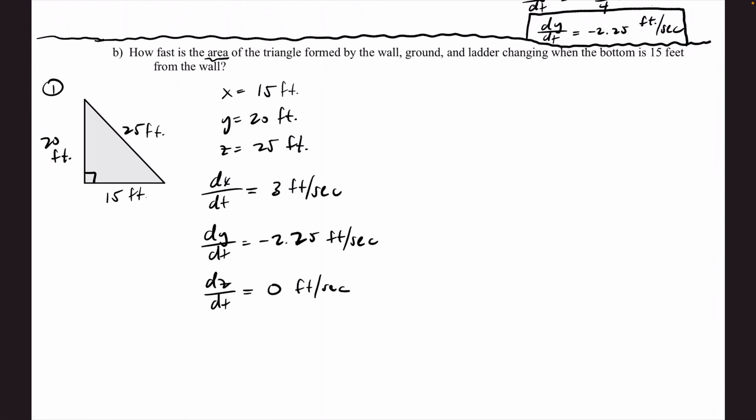What are they asking for, though? Area. So that is how fast is the area, right? So it's not going to be A, it's going to be dA over dt equals question mark.